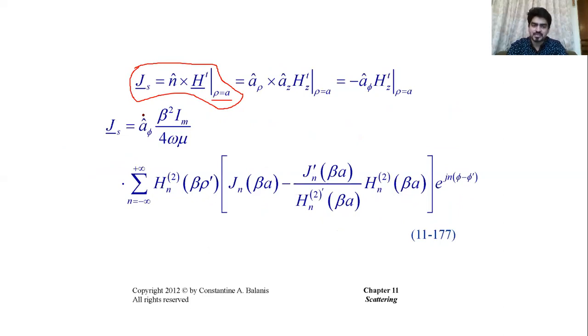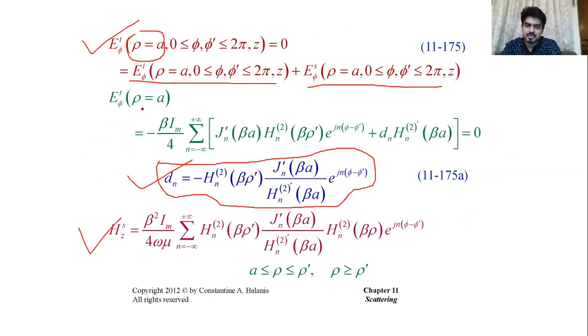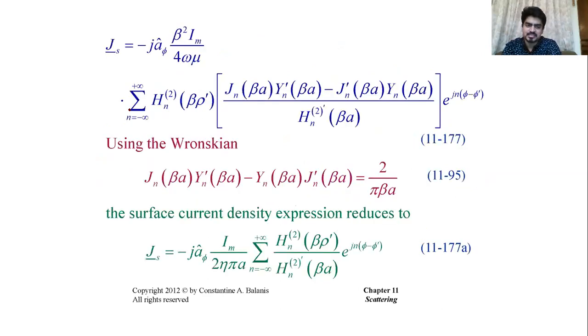When we do that, you can see that you will have surface current density in the phi direction. So basically, this is your final expression. When you substitute the expressions for Hz, this will be your expression for Js, which is going to be in the negative a phi direction.